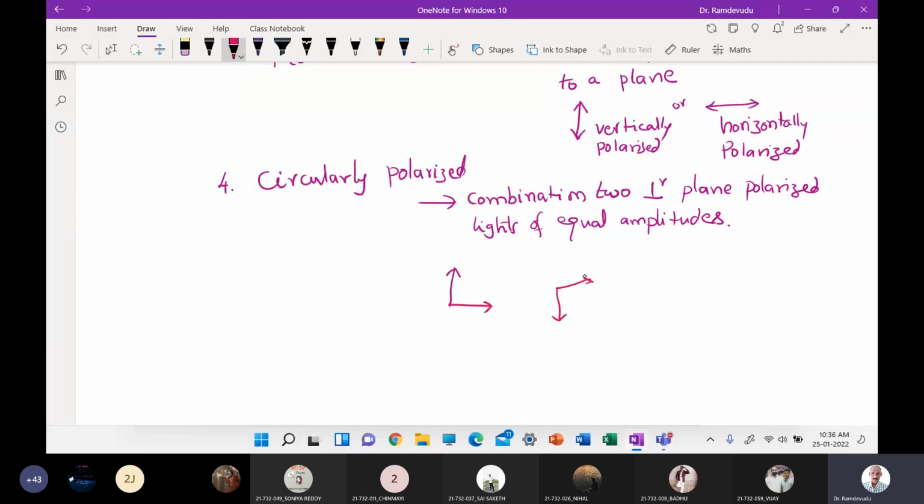And after some time they may be coming in this direction as they are changing. If you look at this as they are rotating, they always sweep equal radii when they are moving.